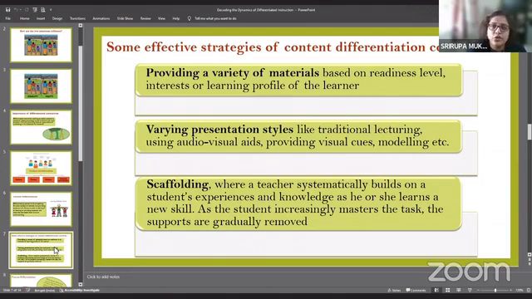We are also trying to cater to the needs of the more gifted children in our classrooms, because very often, in the process of paying more attention to the less capable students, we end up ignoring the needs of the more gifted children. So when we are adopting differentiation strategies, this is something that all of us must keep in mind.